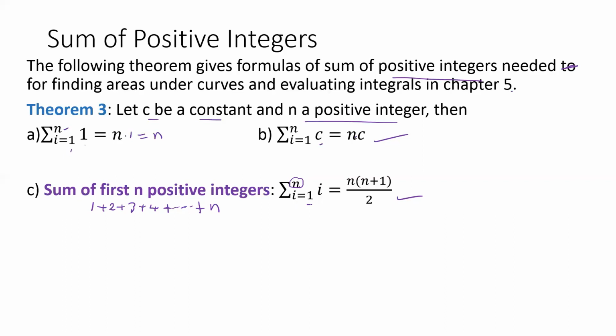Now notice that this applies only when I starts from 1. If you start from 0, to say n, then you need to rewrite this to start from 1. Okay, in some textbooks they start from 0, and there's a formula for that. So don't forget, if we start from 0, then we have to rewrite whatever is there.